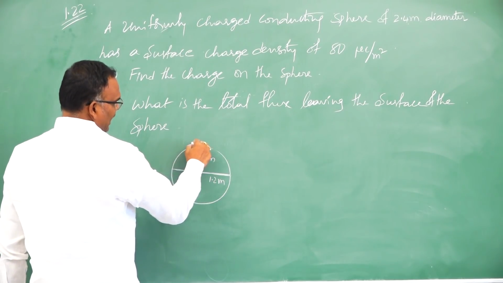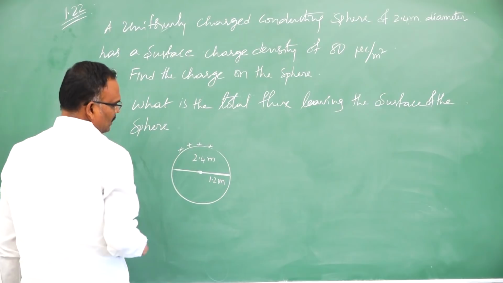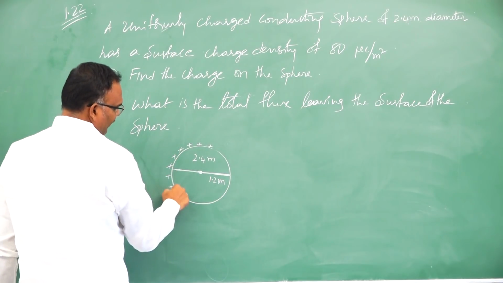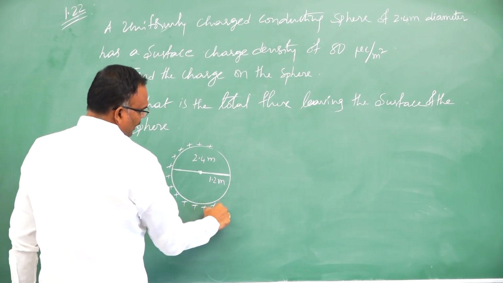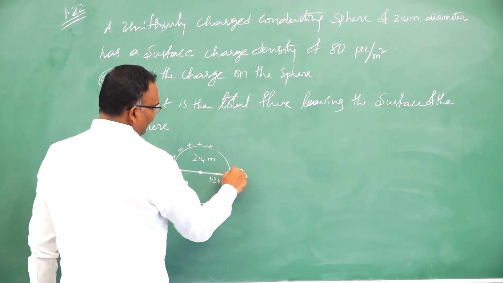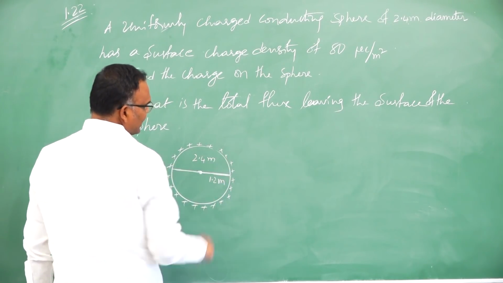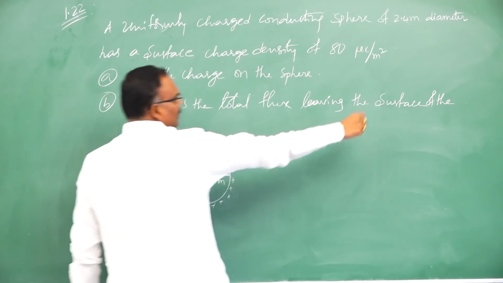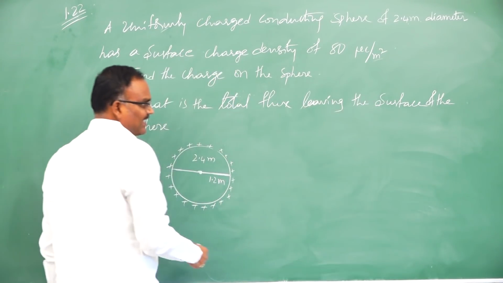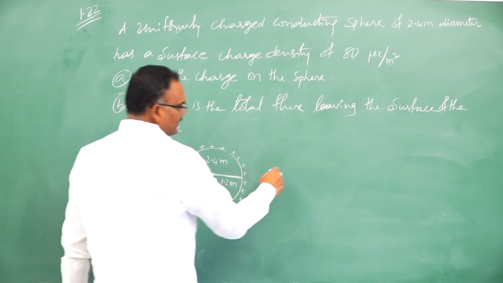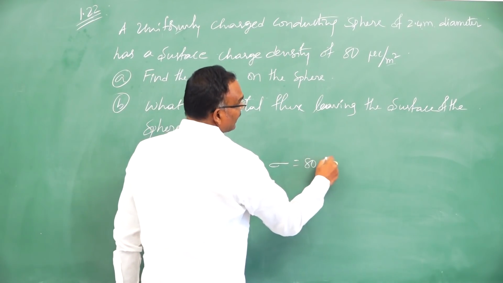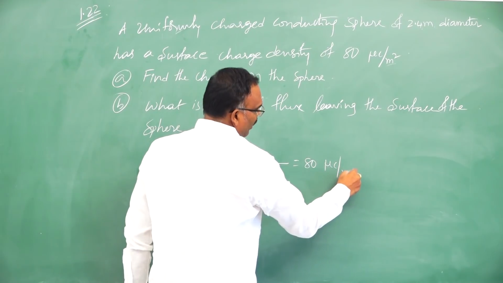That means charge lies here, charge lies on the surface. And by seeing the unit, we can identify which charge density is given in the problem. This is per meter square, that means surface charge density. Sigma is equal to 80 microcoulomb per meter square.